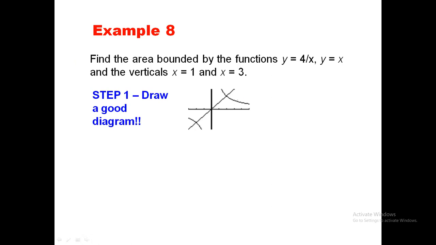This is your line y equal to x. This is your curve y equal to 4 over x. And the 2 vertical lines that are mentioned are not drawn, so let's annotate.